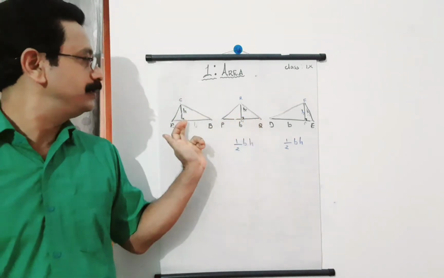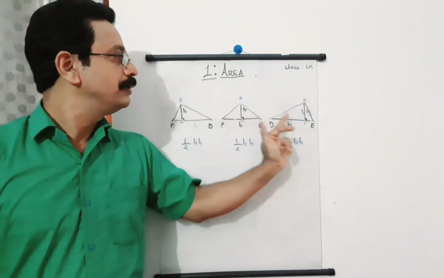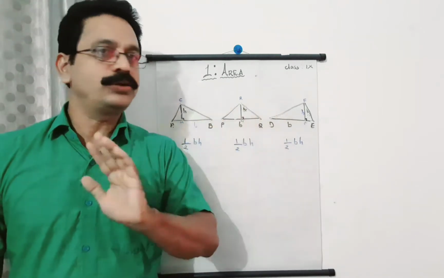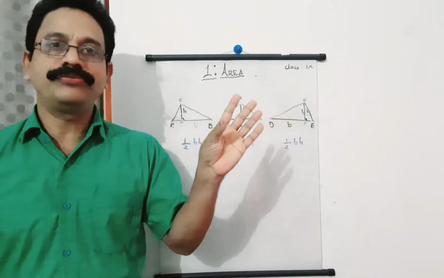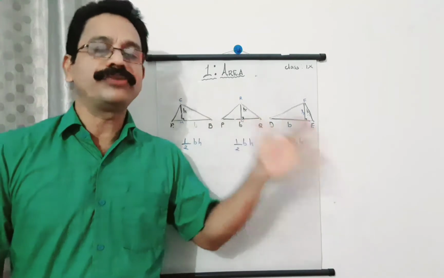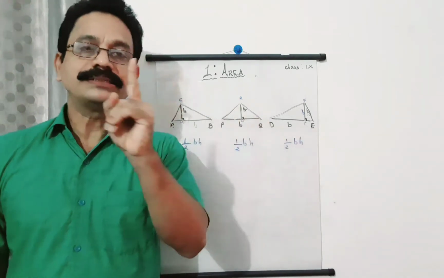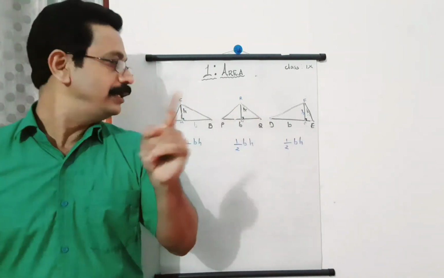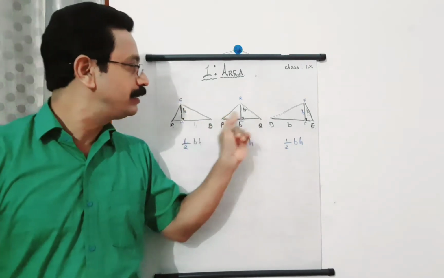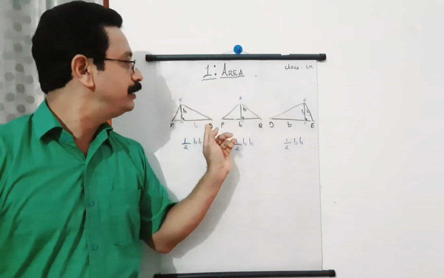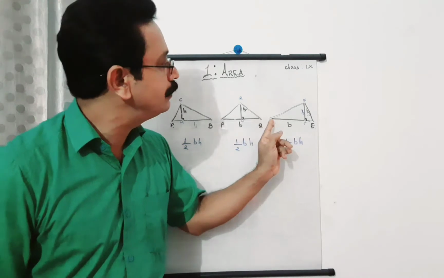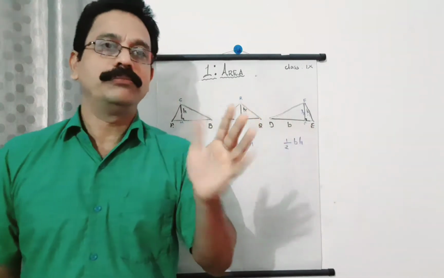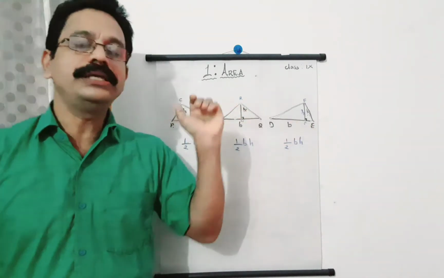Here you can see these three triangles are not equal. Their sides are different, their angles are different. But one side is common. Which side is common? For the three triangles AB, PQ and DE are equal, but other sides are not equal.